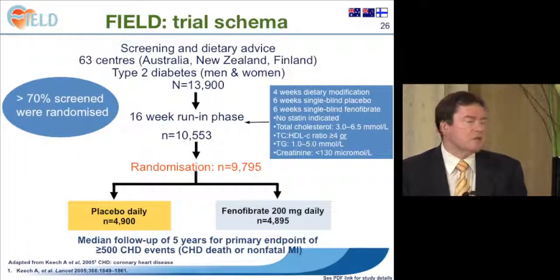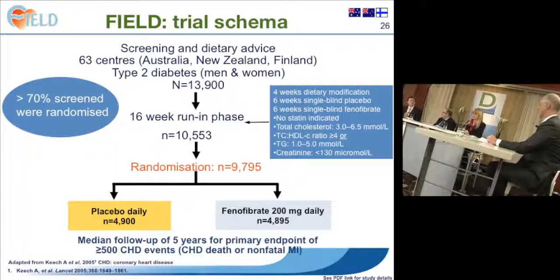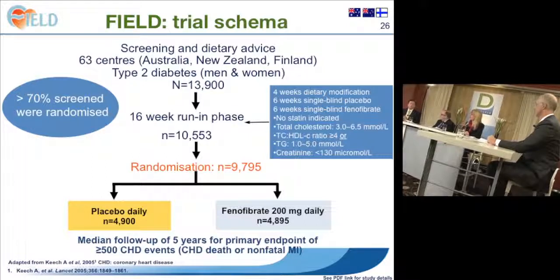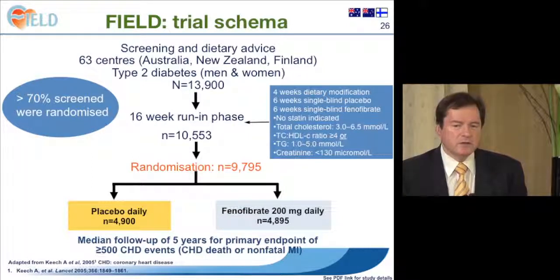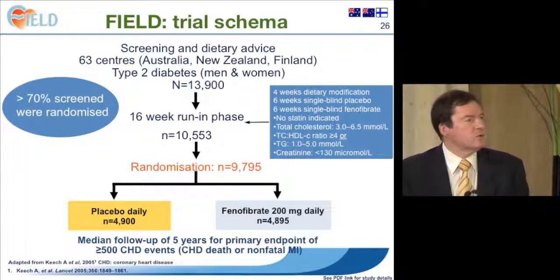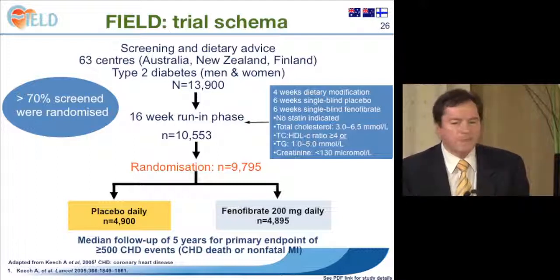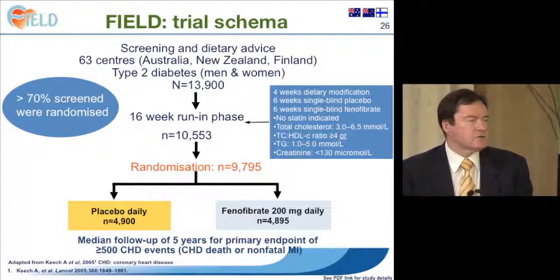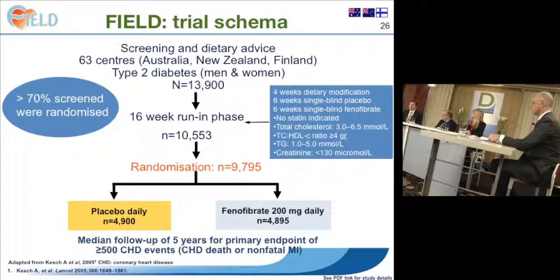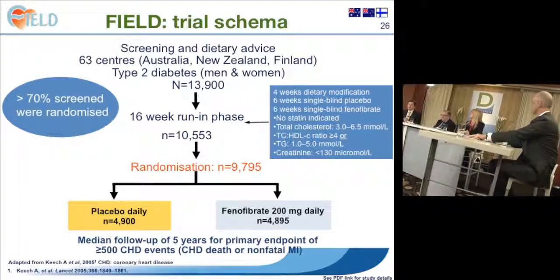Now, to get into this study, patients needed to not have a definite indication for statin therapy in the late 1990s and have a wide range of lipid levels, including total cholesterol between 3 and 6.5 millimoles per litre, total cholesterol to HDL ratio of 4 or more, so a relative deficiency of HDL cholesterol, and a triglyceride level greater than 1 or around 90 milligrams per deciliter.